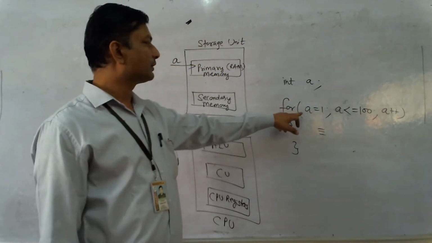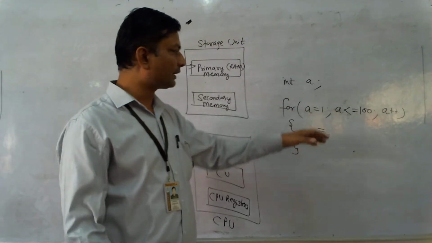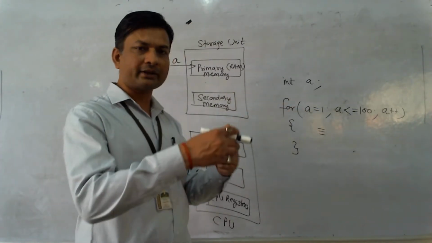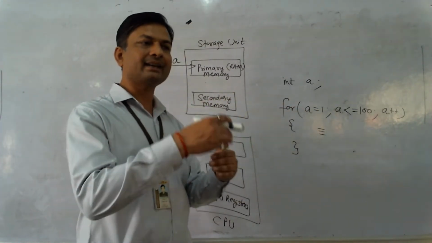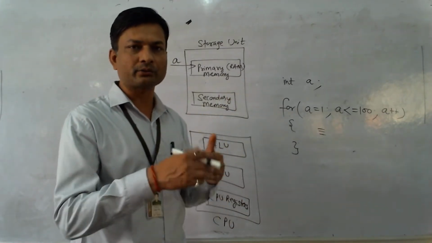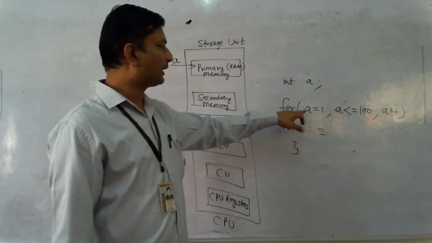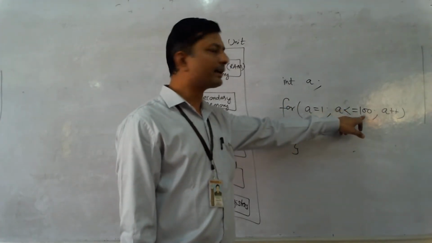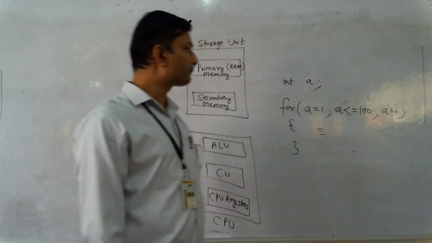Means initially the value of A is 1, after one cycle it will be incremented to 2, after the second cycle to 3, after the third cycle to 4, and so on till it reaches the value of 100.